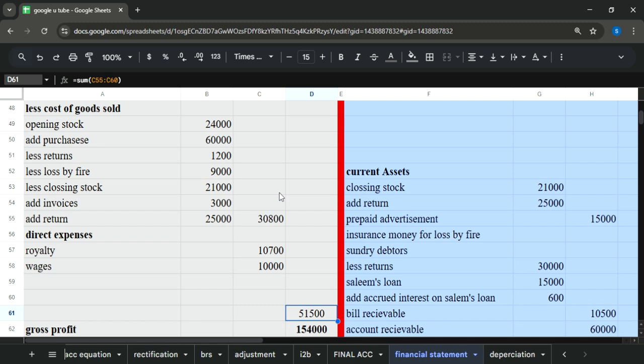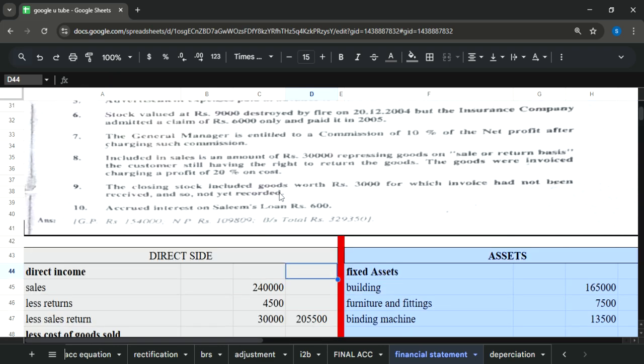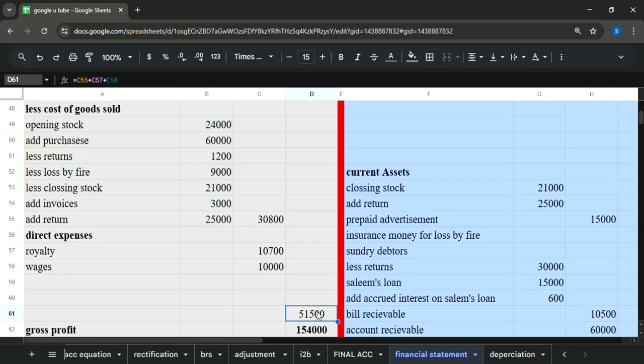Let's calculate the total of cost of goods sold. First, simple cost of goods sold. Then we have two direct expenses, wages and royalty. We have got 51500. Alright, and the sale amount is 205500. Direct expense cost of goods sold is 51500. And let's confirm it again.